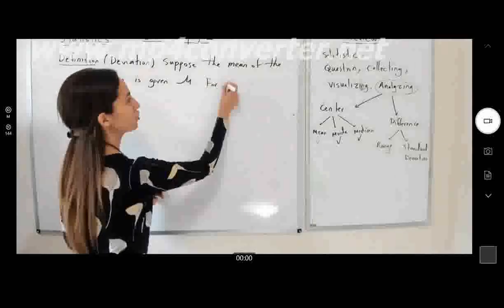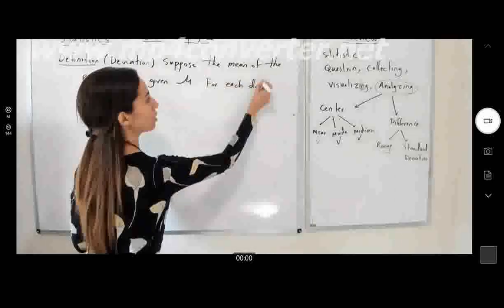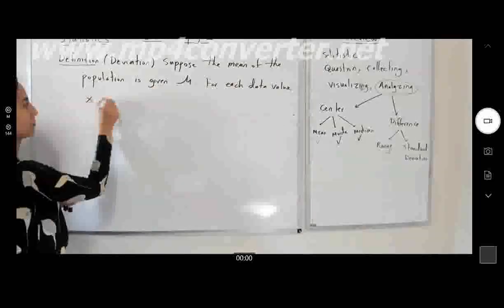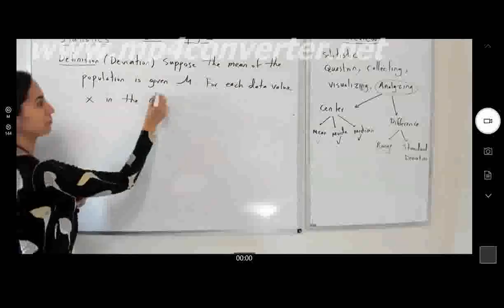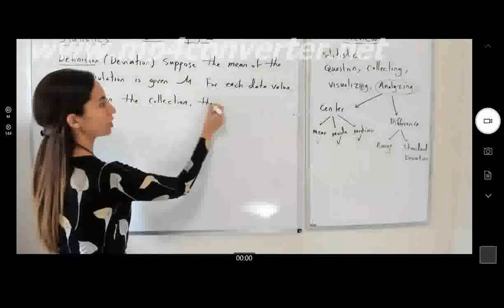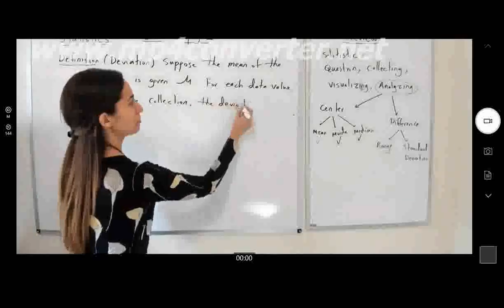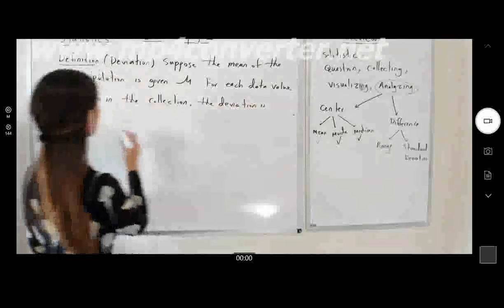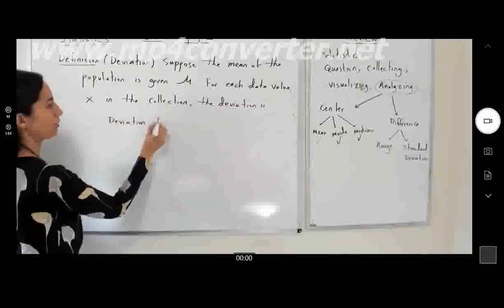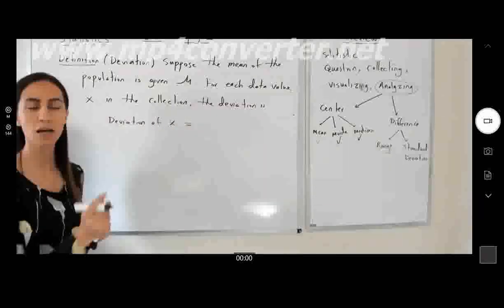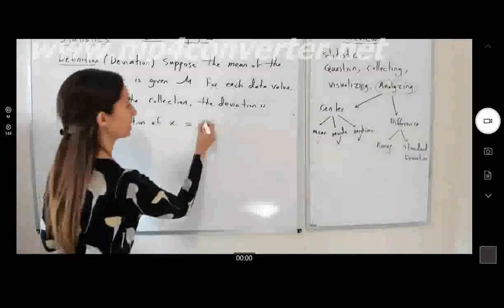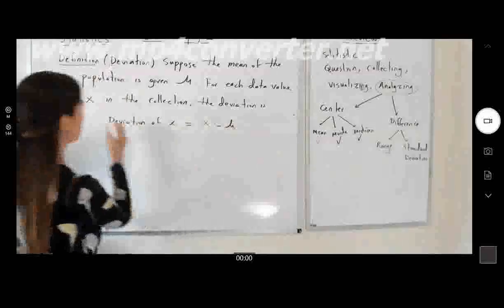For each data value like X in the collection, the deviation of X is defined as the distance between X and the mean: X minus mu.